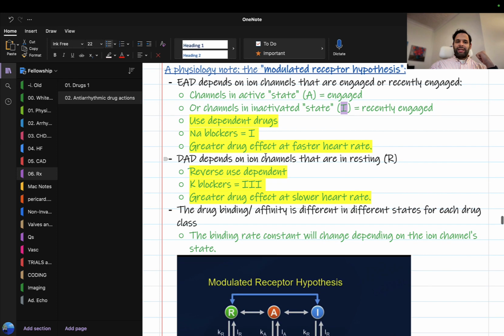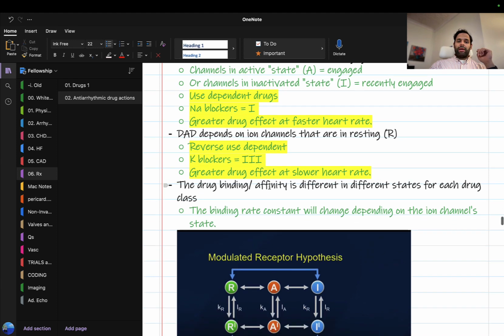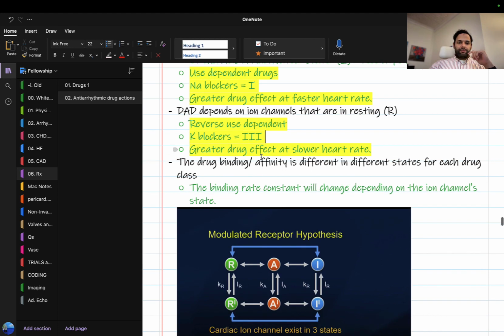Whereas delayed afterdepolarization depends on the ion channels that are in the resting state, which we refer to as R, in the resting state. And those will be reverse use dependent, and they are associated with potassium blockers, and we see that also with calcium overload, and they have greater drug effect at slower heart rate.